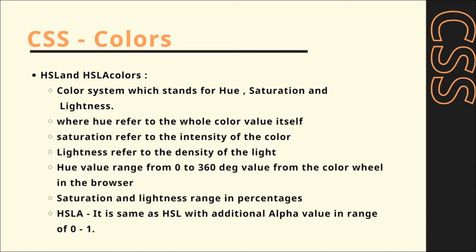Hue ranges from 0 to 360 degrees on the color wheel in the browser. Saturation and lightness range in percentages. Similar to RGB and RGBA, HSLA is the same as HSL with an alpha value, and it also ranges between 0 and 1.